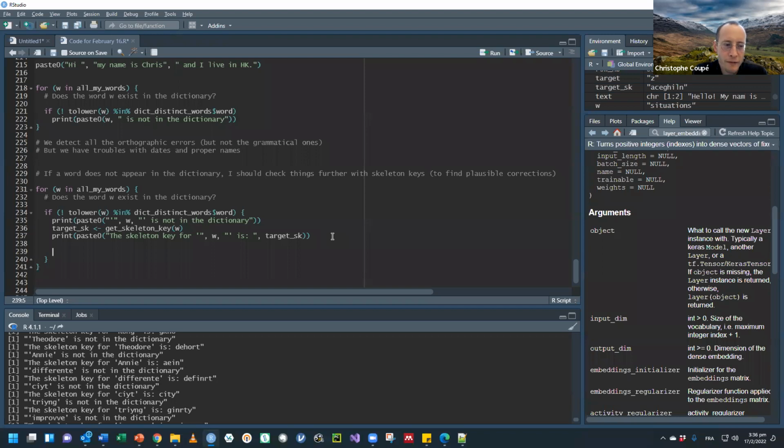What should I write? How do I write the test? Given what we have seen just above, you should know how to write that. What is the instruction here? To check if our target skeleton key corresponds to a word in the dictionary.